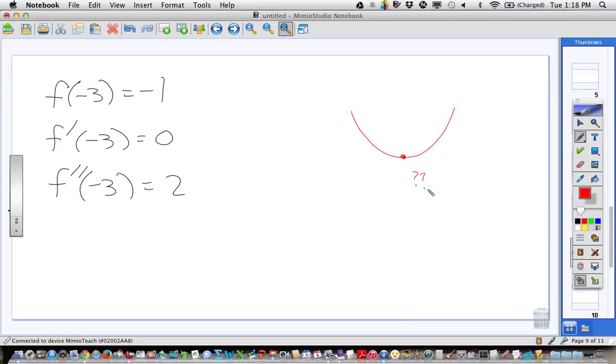Is x equals -3 a local minimum? No? Why not? Because f prime is 0, so it's an inflection point. Oh, no.